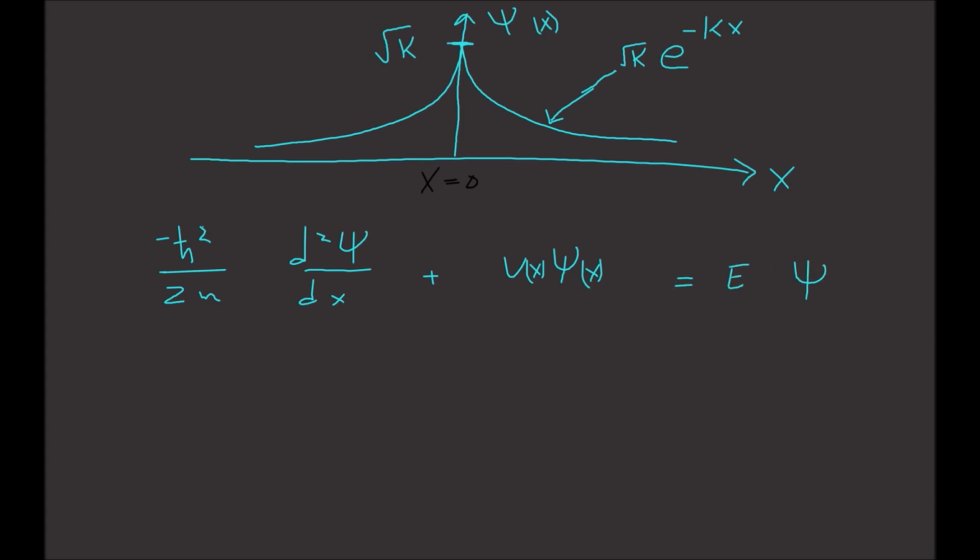So the idea is to integrate this equation from minus epsilon to positive epsilon. So if we integrate this dx to positive epsilon, same thing, we have to do it over here.